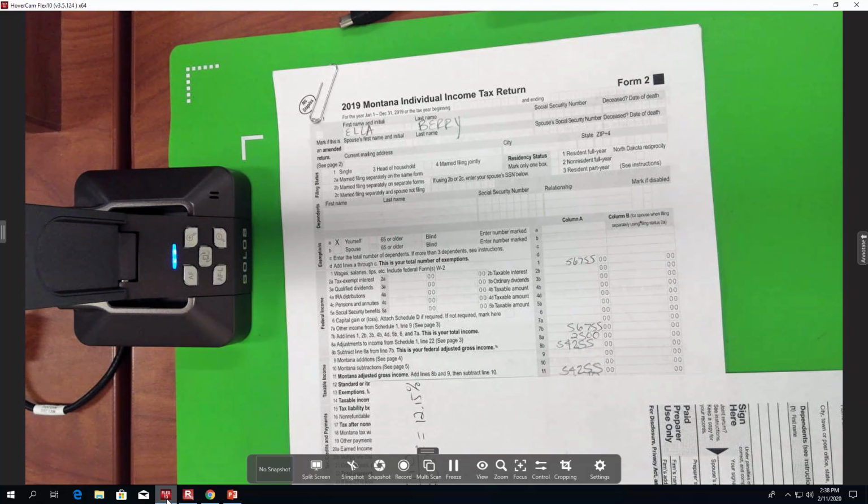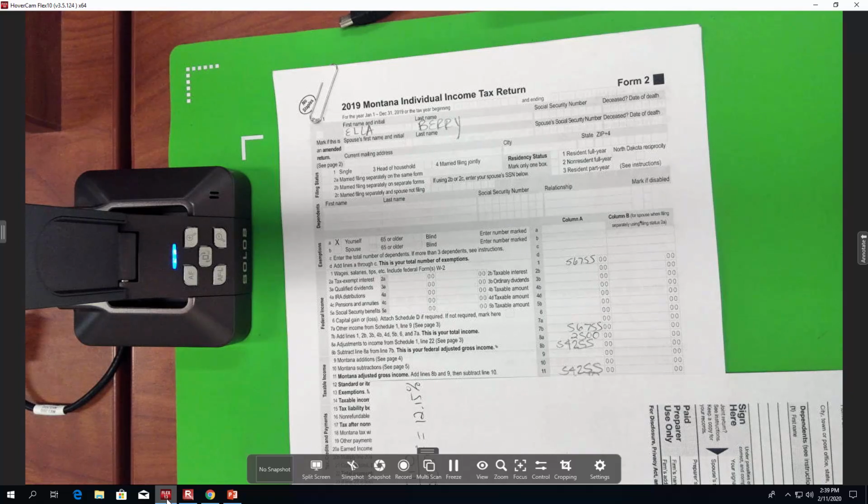The things that are different about Montana is that your standard deduction's much less, and you get something called an exemption. Does that sound like a good thing or a bad thing? It's a good thing. It's another number you get to subtract before you go to the tax tables. We used to get exemptions for the federal tax return, but we don't anymore.